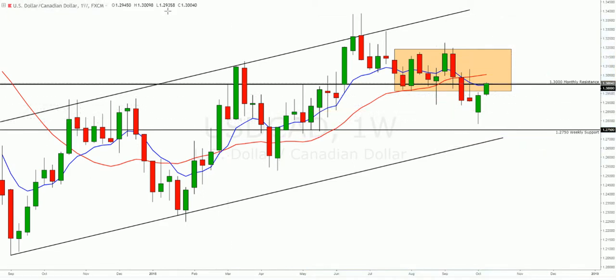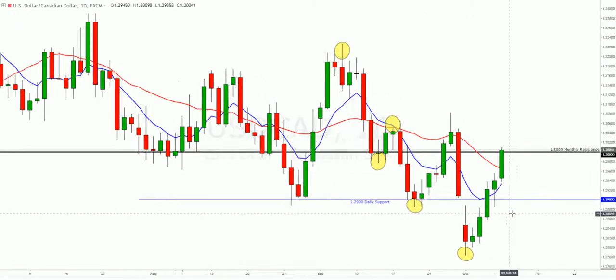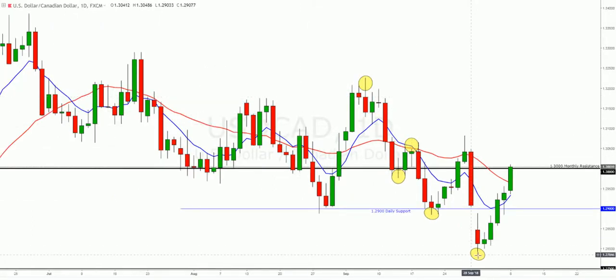I'm going to step it down to the daily time frame, get a better perspective. Now, price did form a new low last week. After this, it was a spike higher, but failed to close past the previous highs, and rejected that simple moving average.